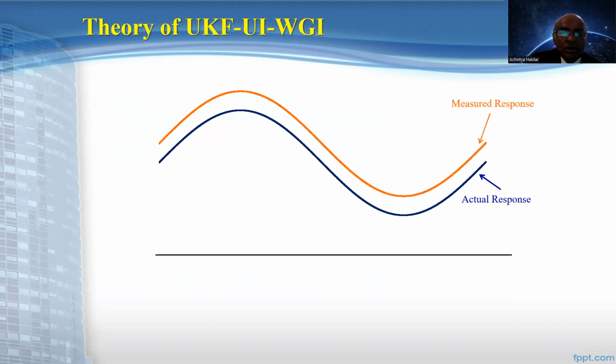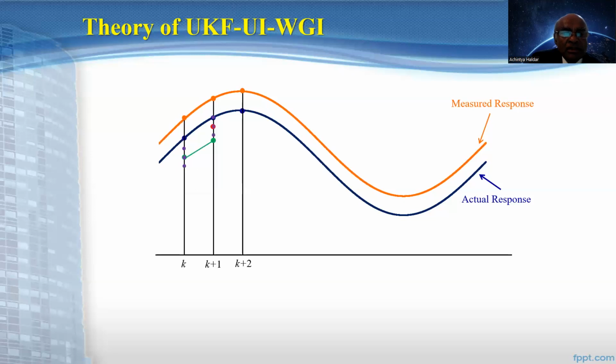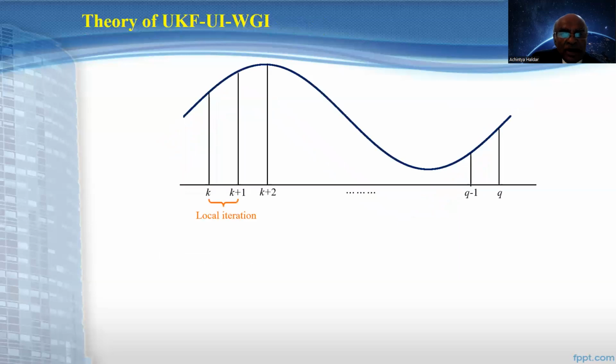In our case, we use a very small fraction of a second of responses to identify the structure. But it does not provide enough information. So we have to use what we call multiple global iterations. For the unscented Kalman filter, this is the algorithm we use. Once we subdivide the sample, at thousandths of a second increments, we complete the first global iteration.